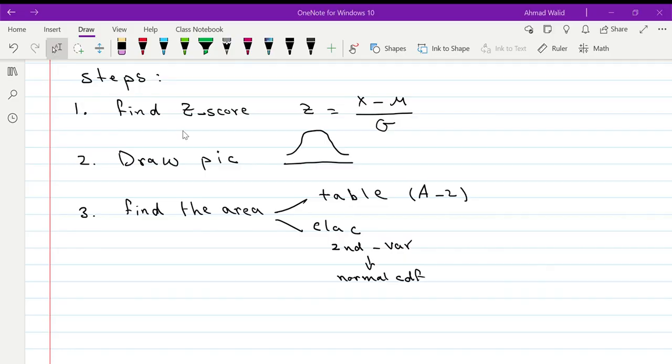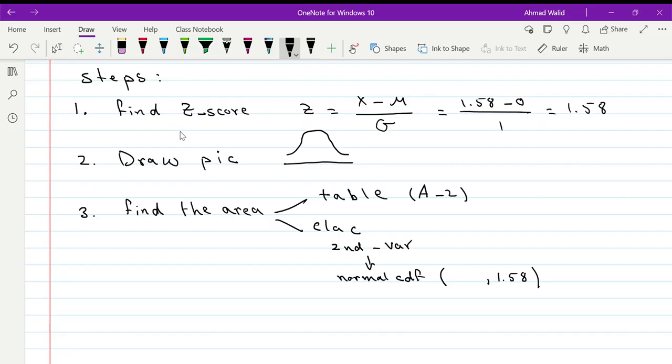They are asking you for lower range, upper range. You already see your mu is 0, your standard deviation is 1. For this particular problem, we have the upper value, which is 1.58 degrees. To find the z-score, if I plug in 1.58 minus 0 over 1, it gives me 1.58, correct?